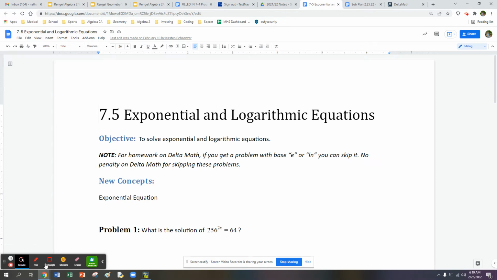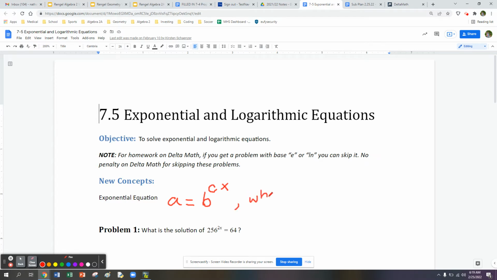So first, our new concept. An exponential equation is an equation that contains a base of a power to some exponent, where your exponent has a variable.